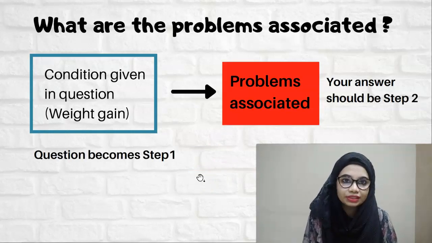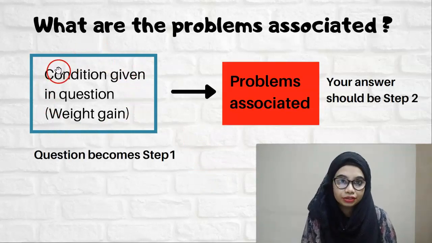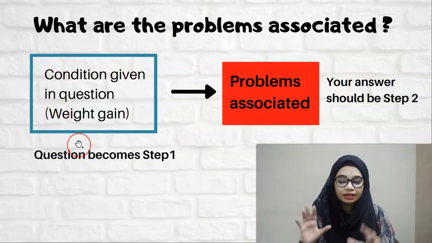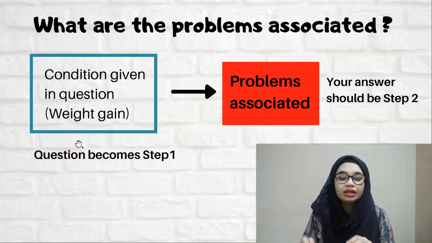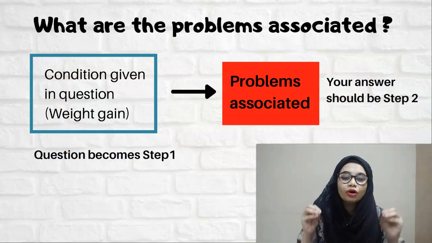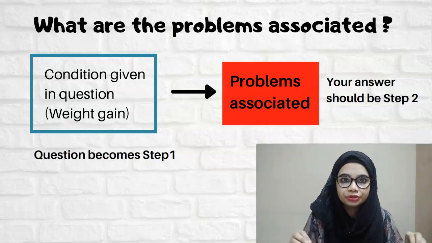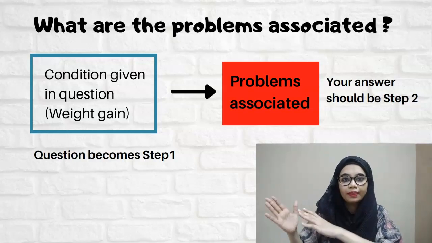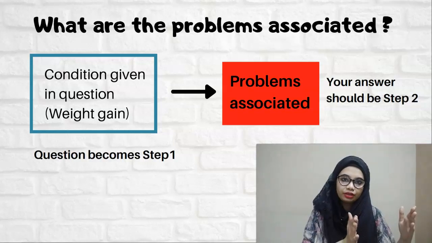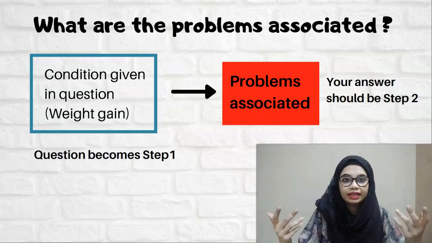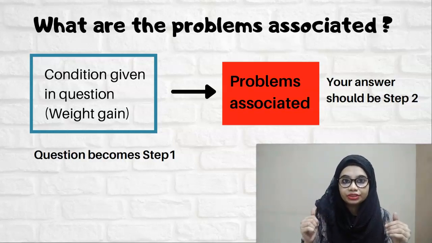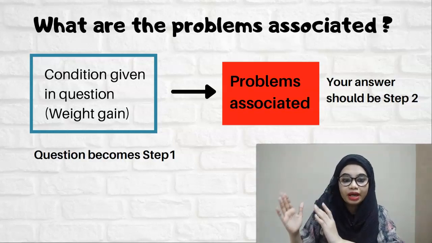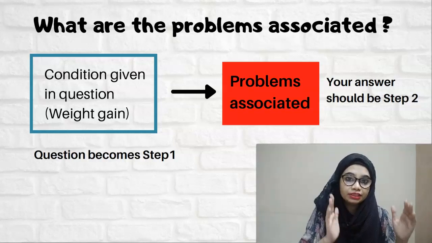What are the problems associated? The condition given in the question, which in this case is weight gain, becomes the first step if the category changes to what are the problems associated and solutions. When it was what are the causes and solutions, causes were the first step and the condition given in the question was the second one. But now that the category has changed, the condition given in the question becomes the first step and the problems associated become the second step.